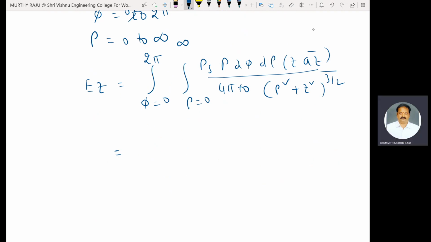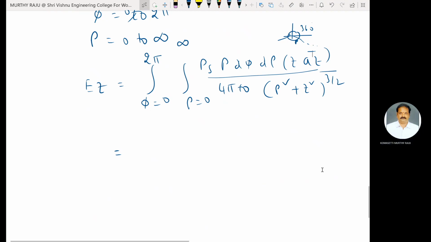Here phi covers the entire 360 degrees, and the rho value is from 0 to infinity. Consider these two limits.